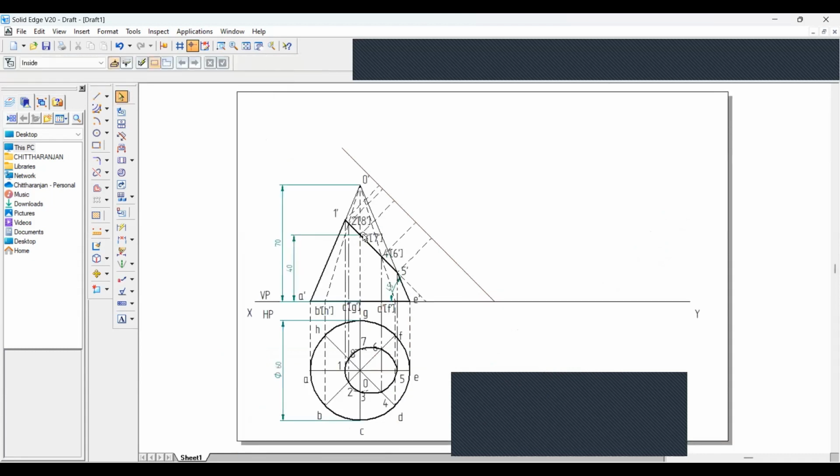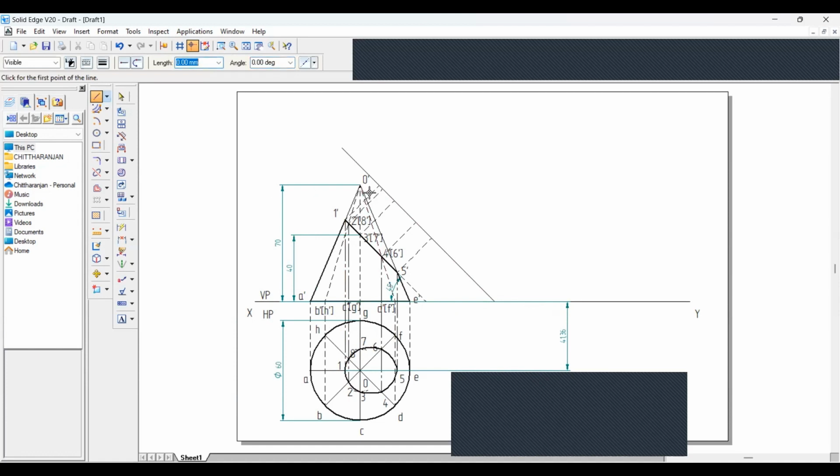Now, according to the distance from this axis to this points, we have to draw the line from here to here. So, measure the distance between the axis and this point, which is 41.36.